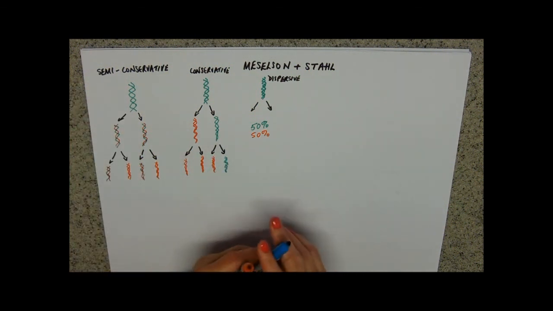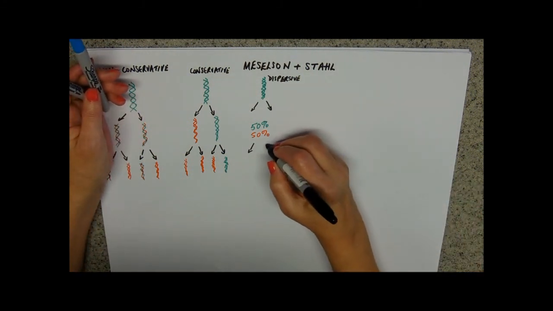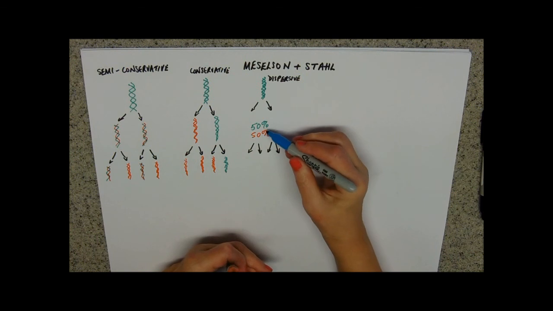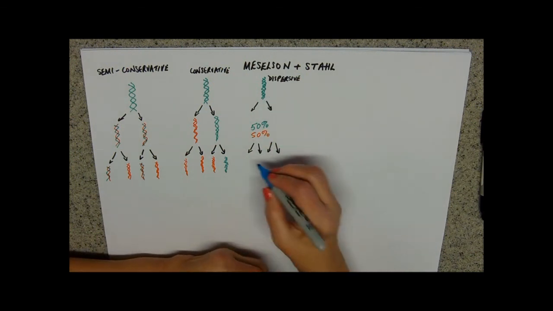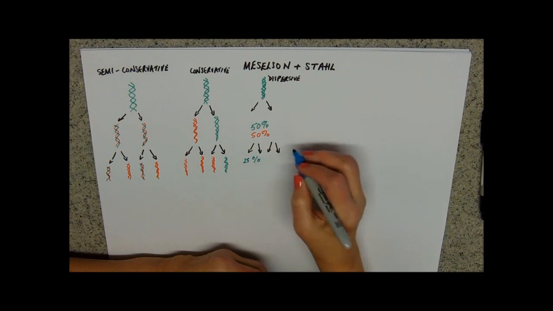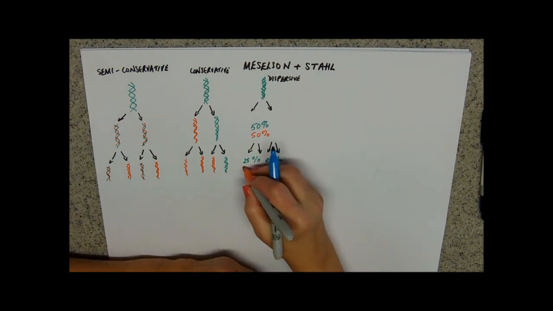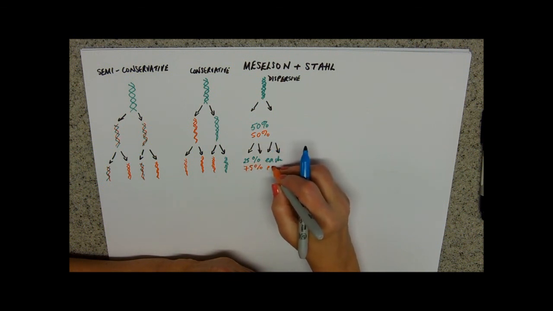And of course in dispersive, which again I'm not going to draw, if we did that again, we're now spreading out our blue nucleotides, our parent ones, into 4 different cells. So we could kind of expect that each one would have 25%, and then of course all the rest of it would have to be made of our new nucleotides.